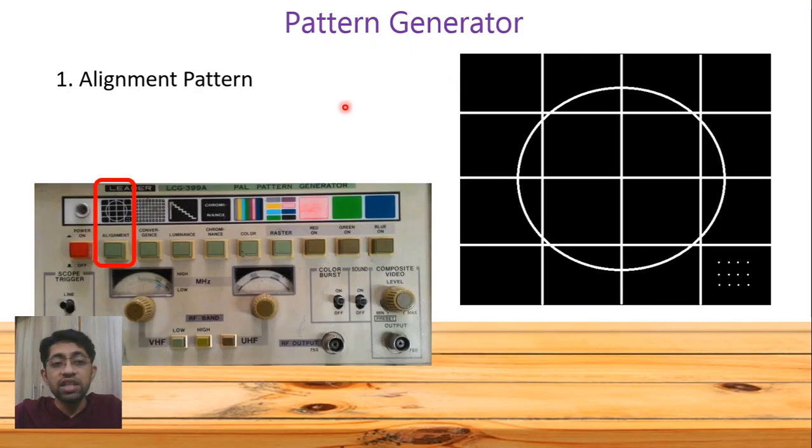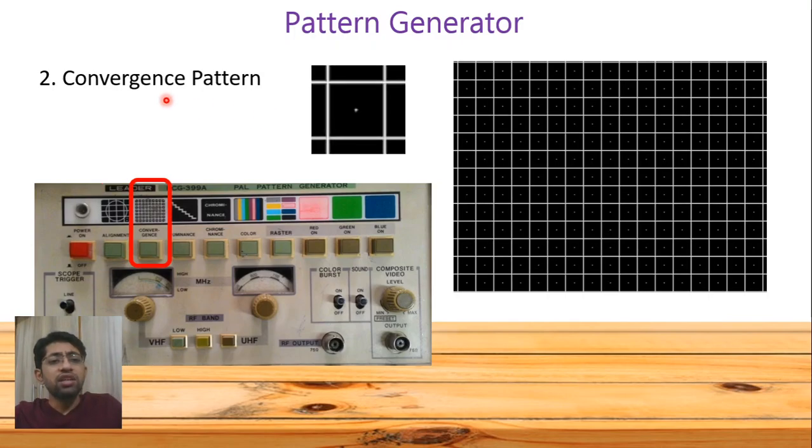So with the help of the alignment pattern, you can carry out picture centering and also predict the polarity of the current through the horizontal and vertical deflection coils. Since this pattern is black and white, sometimes it is also used for adjusting the contrast of the TV set. So let us move to the next one.